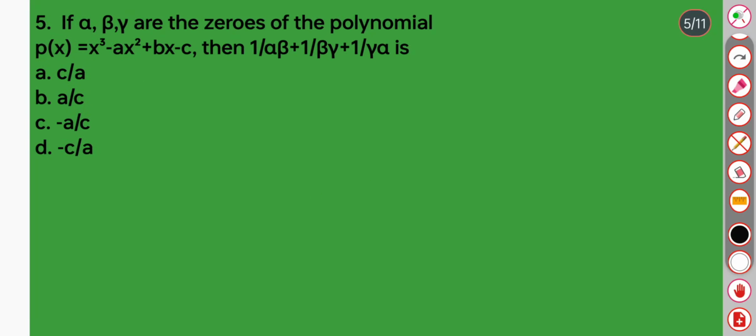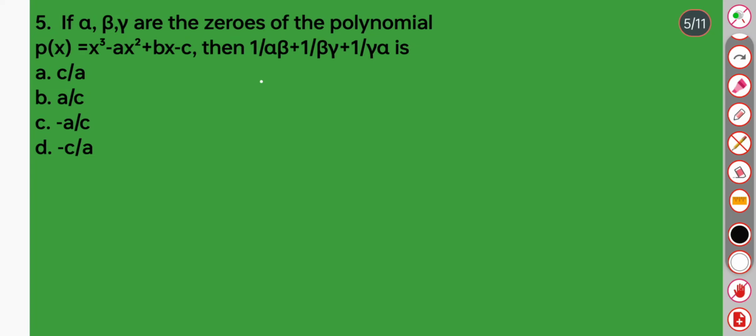Question number 5, what is given? If alpha, beta, gamma are the zeros of the polynomial p(x) equal to x cube minus x square plus bx minus c, then 1 by alpha beta plus 1 by beta gamma plus 1 by alpha gamma is.